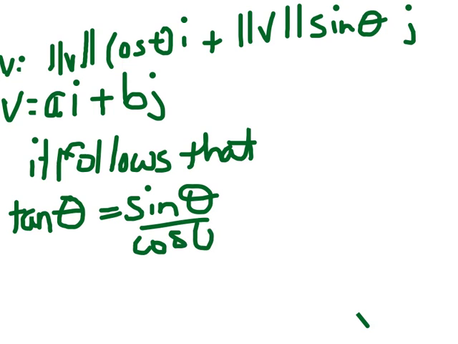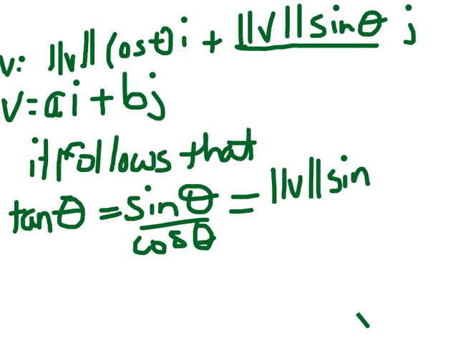And so if we know that the sine of theta is this part right here, we could put it over, and those magnitudes would cancel out. The magnitudes don't matter. They're just like a scale factor in a way.